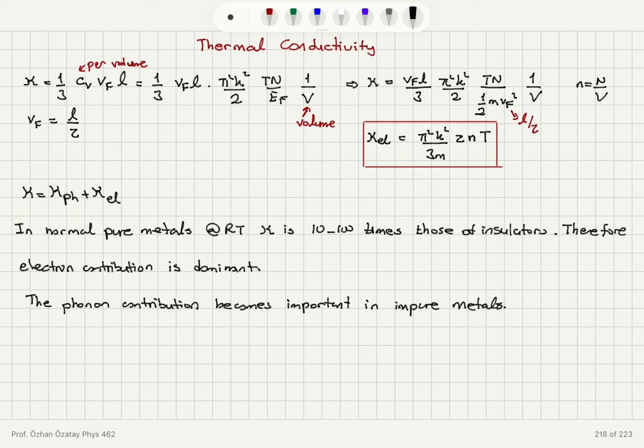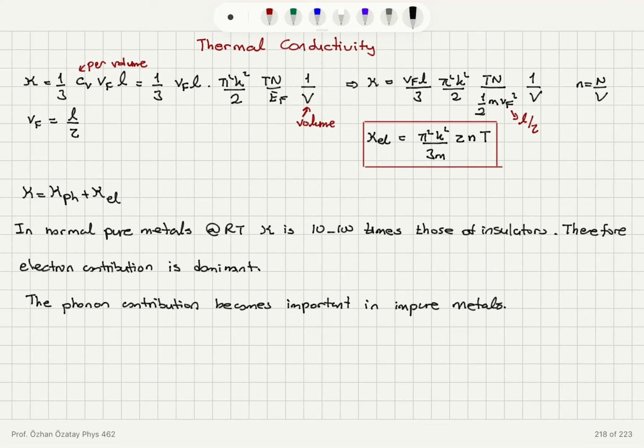So with that simplification, we obtain an electron contribution to thermal conductivity, π² k² over 3m τ n T, where n is our number density, capital N divided by V.